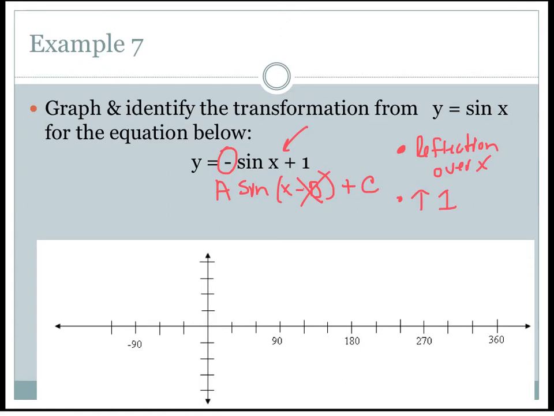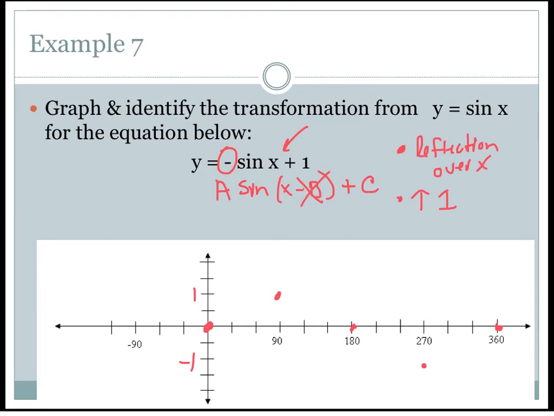Here's what I'm going to do with these. I do it in multiple steps. I like graphing the original sine function first. So I graph the original sine function and I just plot the points. I find this easier to do with reflections when there's a lot of different things going on.